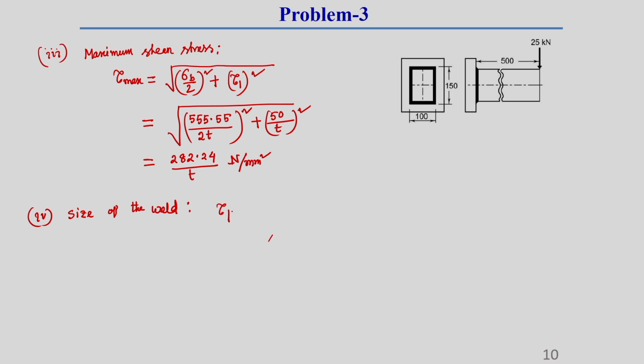So, we will use the permissible shear stress equal to this maximum shear stress condition, because this is the permissible shear stress given as 75, and tau max we have already calculated, that is 282.24 divided by t, which is a function of t. From here we can easily find out the throat thickness t. So, we get throat thickness equal to 3.76 millimeter.